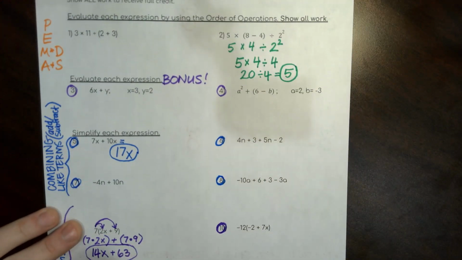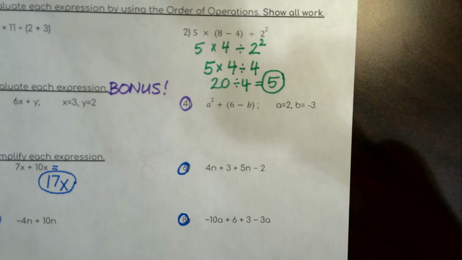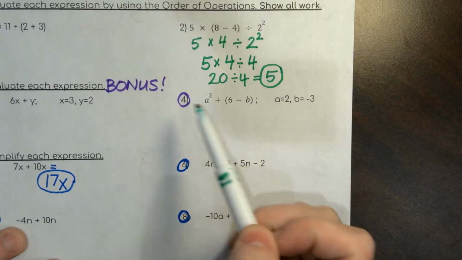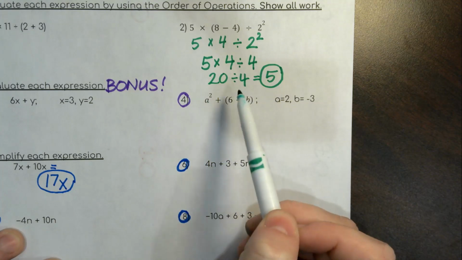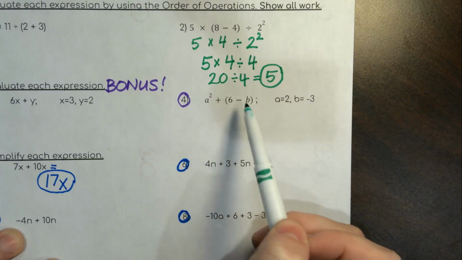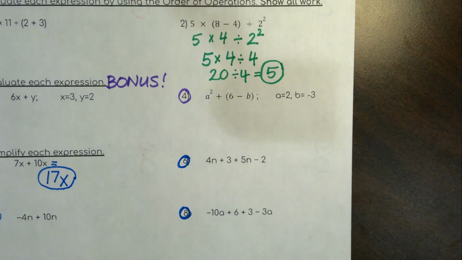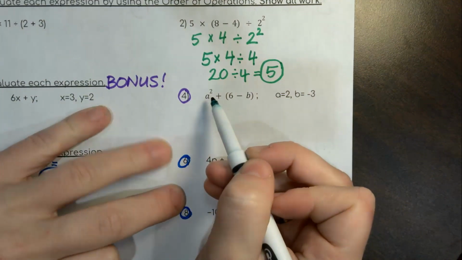And I'm going to zoom in a little. Make sure y'all can see it okay. Let's refocus. Okay, so my problem here is a squared plus parentheses 6 minus b. So to keep track, I'm going to use colors, and I'm going to leave slots where I'm plugging in numbers.